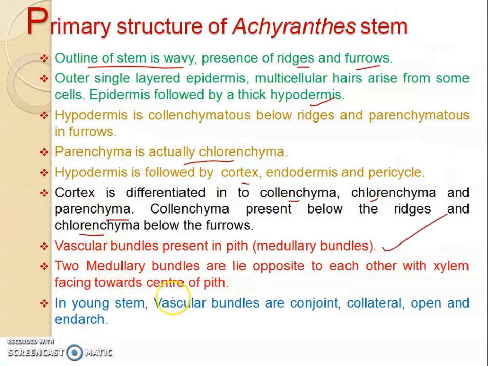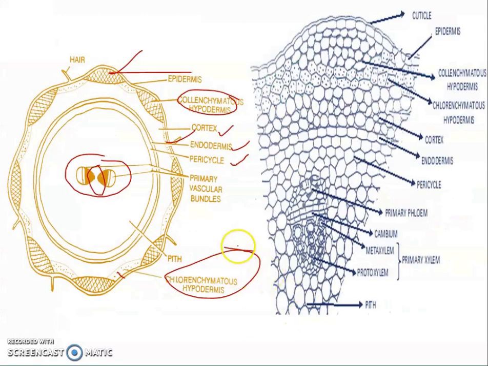In young stem, vascular bundles are conjoint, collateral, open and endarch. So conjoint collateral vascular bundles with the presence of a cambium ring. Here in this case, hypodermis is collenchymatous below the ridge and chlorenchymatous below the furrow.